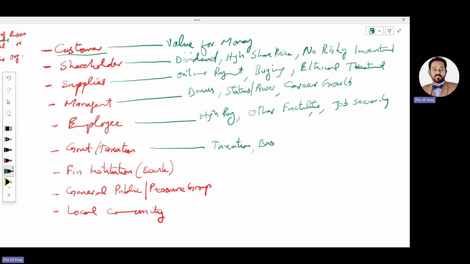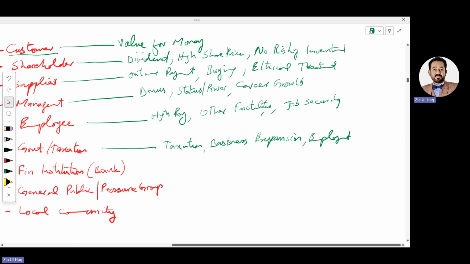Business expansion. Because if you expand your business, the economy will grow. New branches will produce new goods and services, also providing high employment opportunities. What else does the government want? Compliance with laws and regulations.